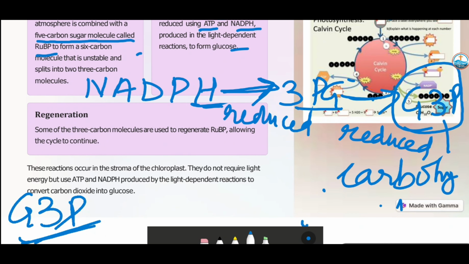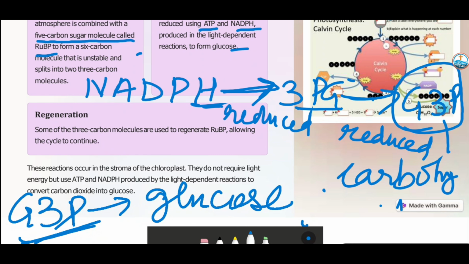As we have studied that the cell is the building block, then cells combine to form tissues, then organs, then organ systems. In the same way, G3P is the building block for glucose. So now this G3P molecule will move towards the third phase, which is the regeneration.